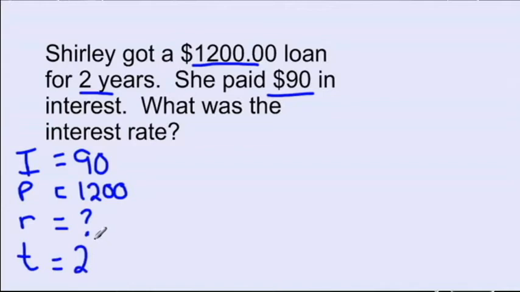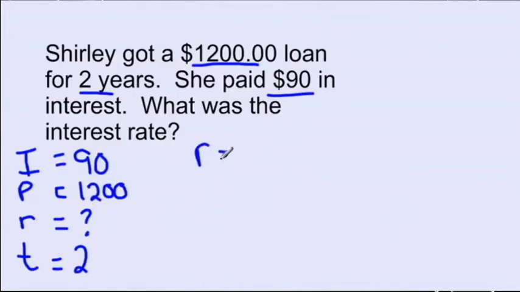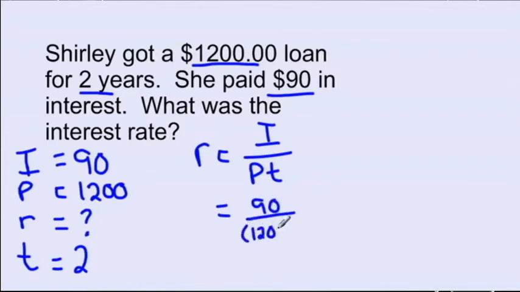Since we want to solve for R, we're going to go back and use our formula. R equals I divided by PT. I is 90, P is 1200, and T is 2. $1,200 times 2 is $2,400.